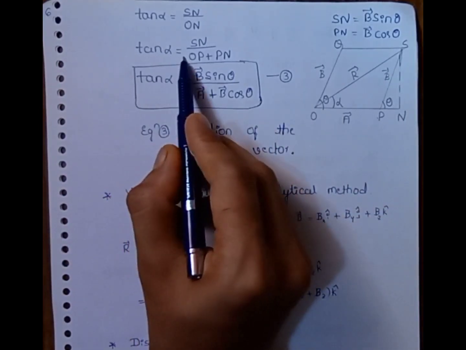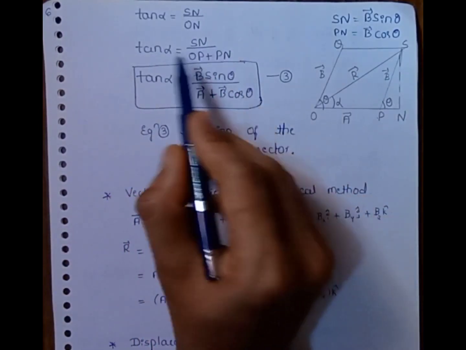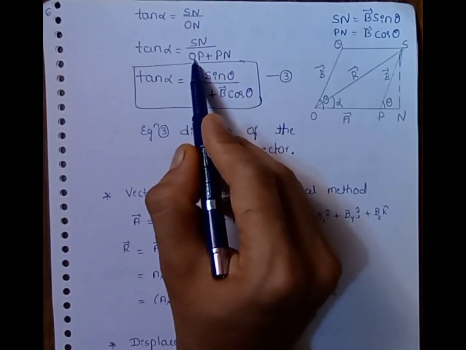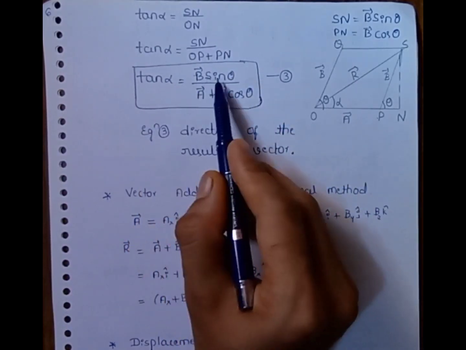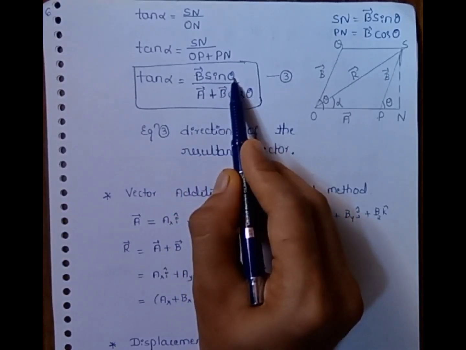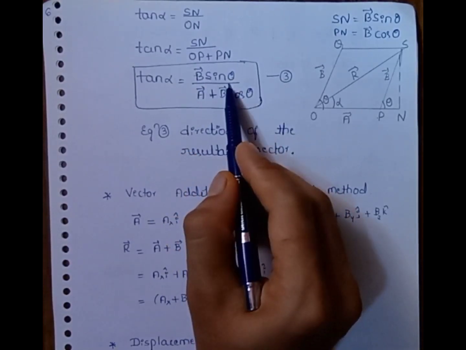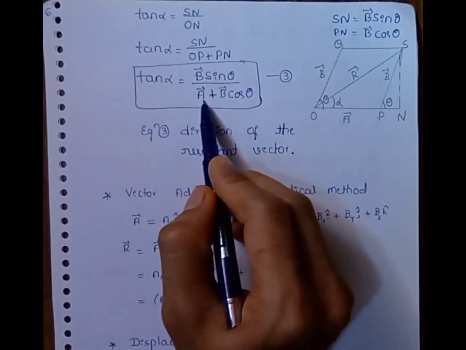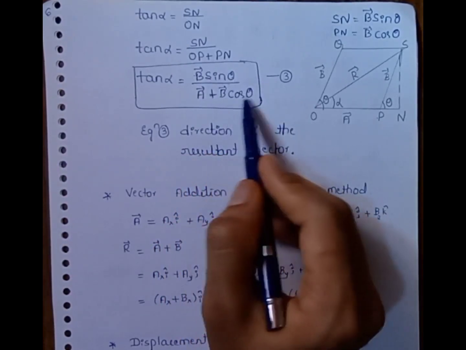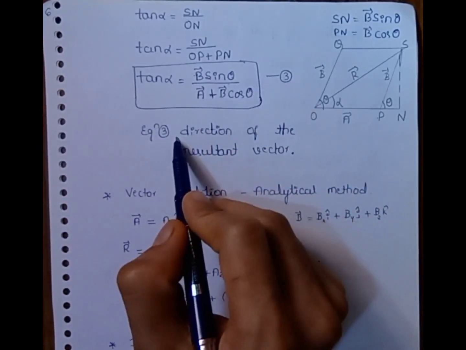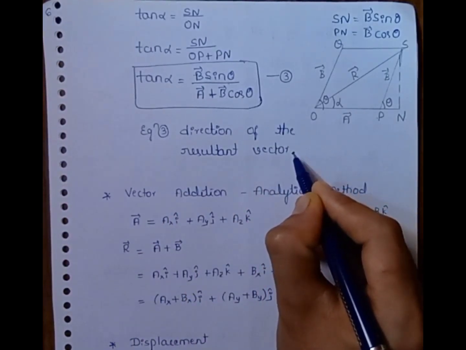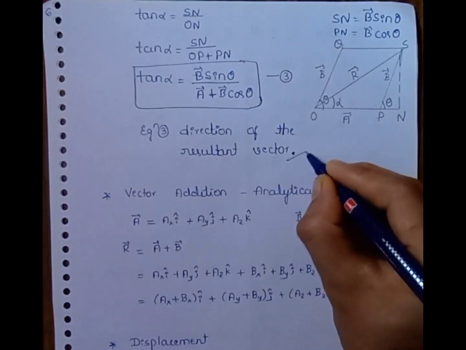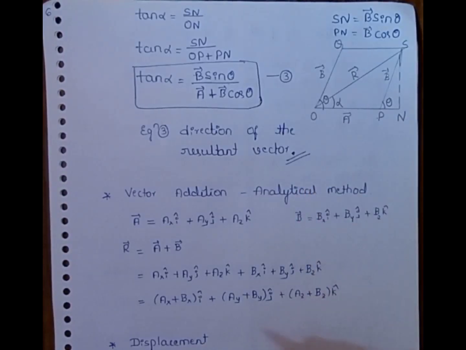Therefore tan alpha is equal to SN by, in place of ON we write OP plus PN. Therefore tan alpha is equal to B sin theta, because the SN value is B sin theta, divided by vector A plus PN, which is B cos theta. And this is the final expression for the direction of the resultant vector. Up to here carries 3 marks in the final examination.